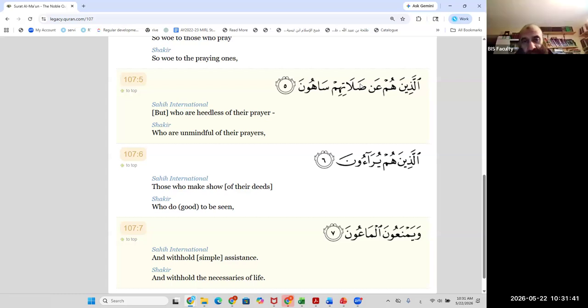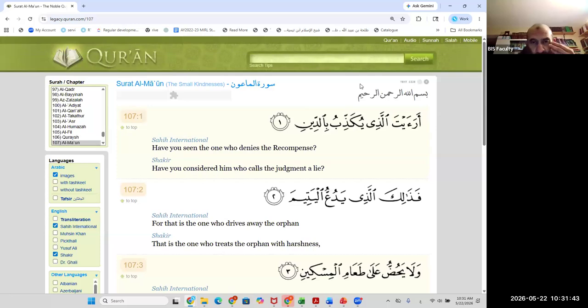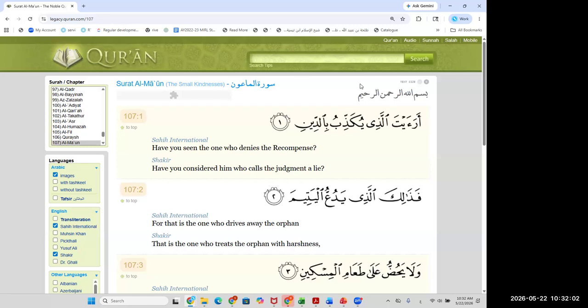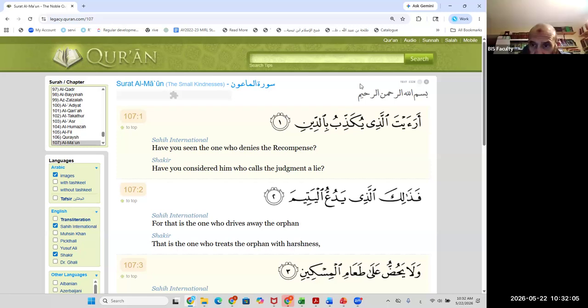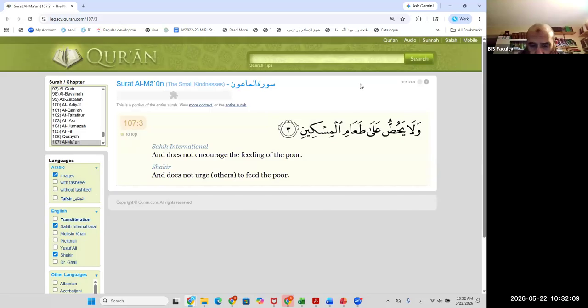Okay. Anything about the vocab? Notice Ad-Din in the first verse is usually understood not as a religion but as judgment. The other meaning of Din is to push away, yadu'u.